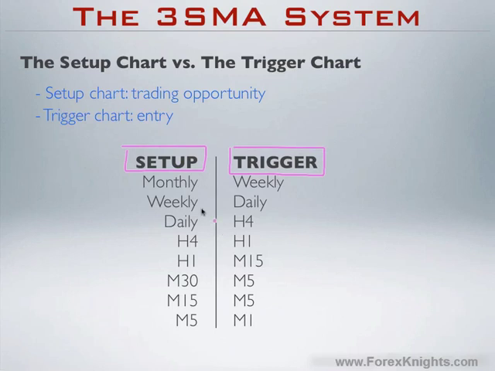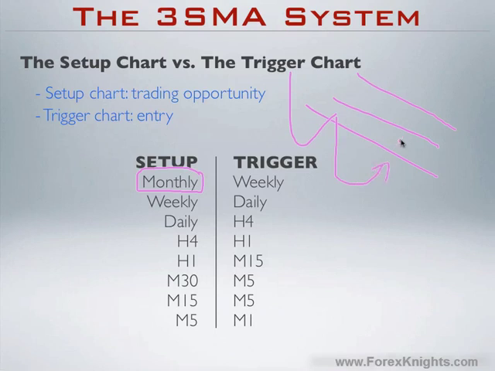when it comes to pulling the trigger. Basically, if you spot the trend on the monthly time frame, you want to zoom in just one time frame, let's say the weekly time frame. So if the 3 simple moving averages are in order, parallel to each other, on the monthly time frame, let's imagine this is the 30, this is the 50, and this is the 100, and price is swinging to the downside.